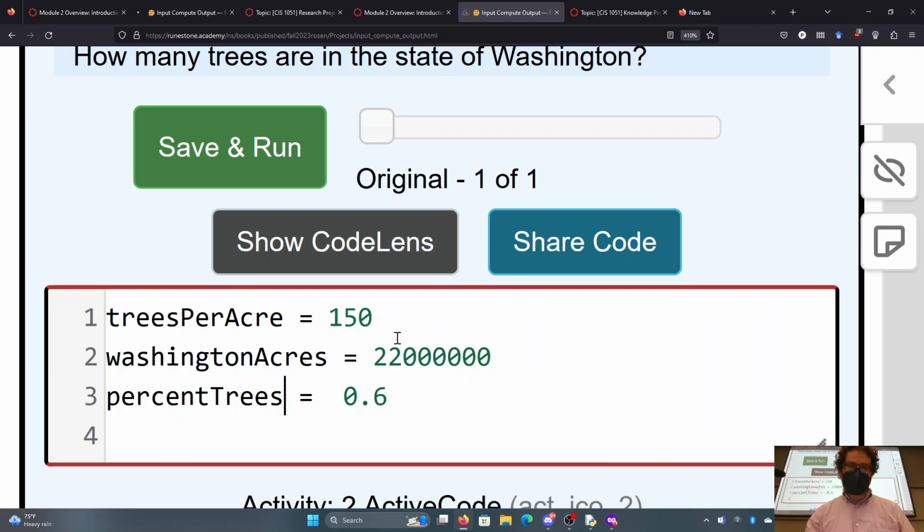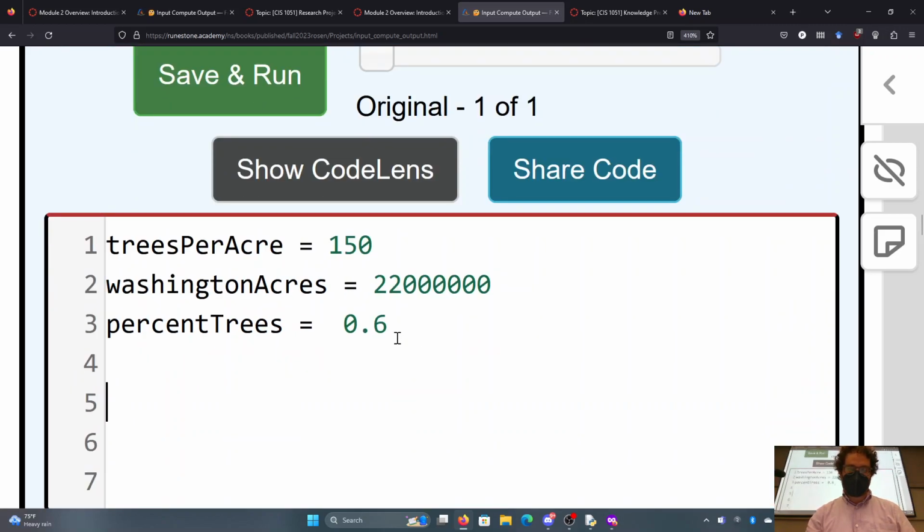So what we'll do is take all three of these numbers and multiply them together. Trees per acre, right? And you could get different numbers based on whether you look something up or made a different guesstimate.